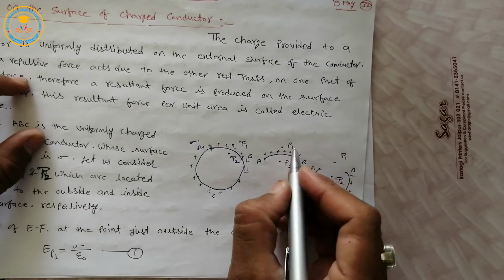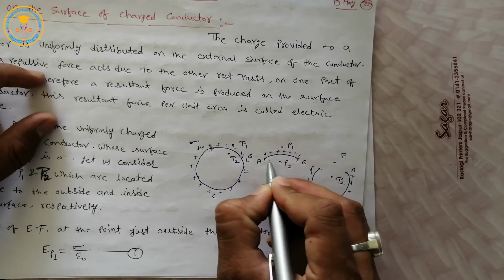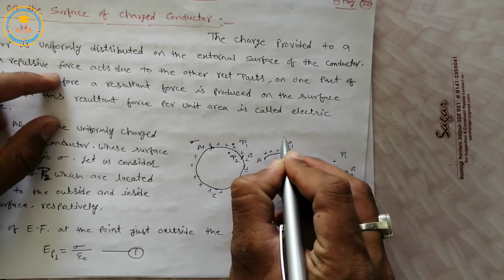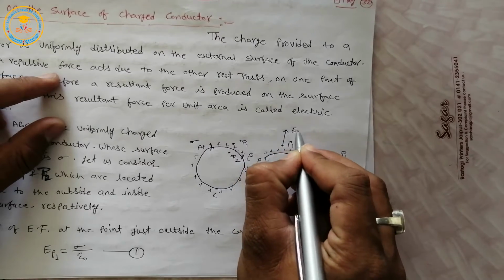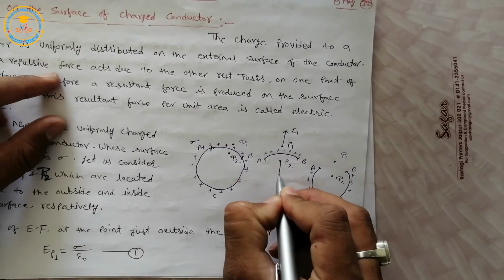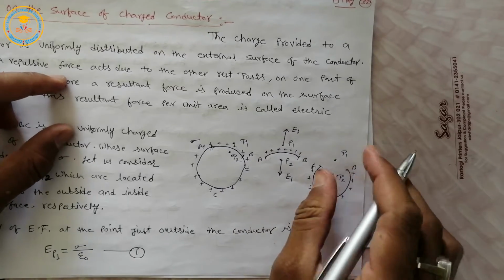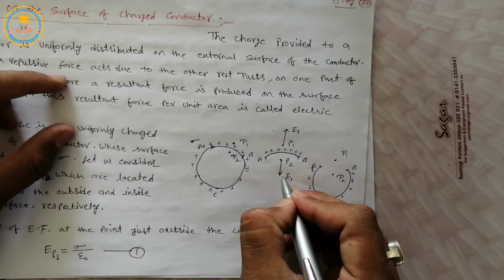So for P1 and P2, due to this AB, the electric field intensity is represented by E1, and at point P also E1, but in the outward direction.